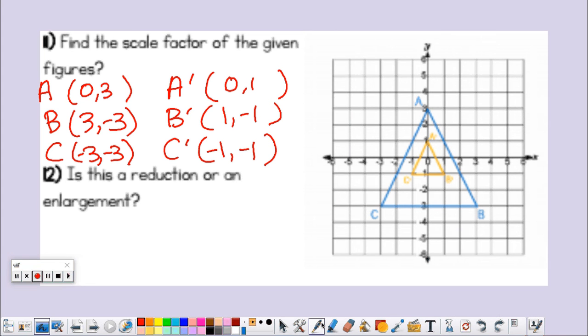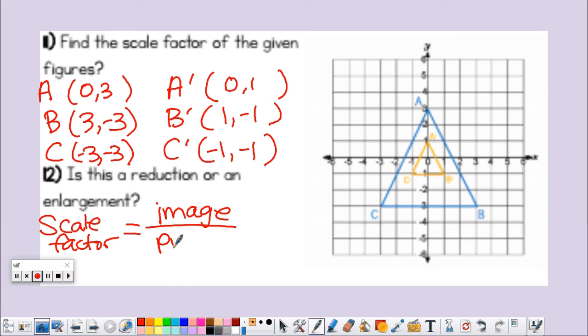At the top of your paper it says how to find the scale factor. What does it say? Scale factor equals the new, which is the image, divided by the pre-image.